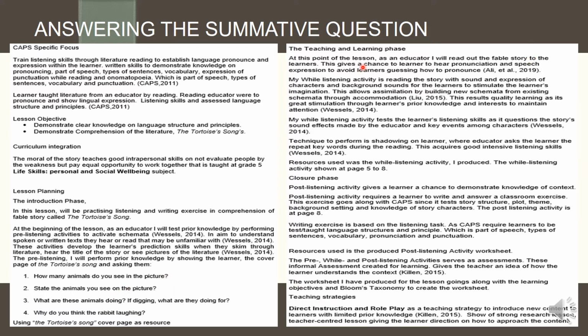For teaching and learning, at this point of the lesson as an educator, you read out the fable story to the learners. This gives a chance to the learner to hear pronunciation and speech expressions to avoid learners guessing how to pronounce. My while listening activity is to read the story with sounds and expressions of the characters and background sounds for the learners to stimulate the learner's imagination.